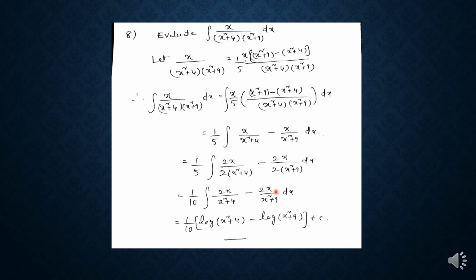That is in the form of integral f dash x by f of x dx, that is log of x square plus 9. So the solution is 1 by 10 into log of x square plus 4 minus log of x square plus 9 plus c.